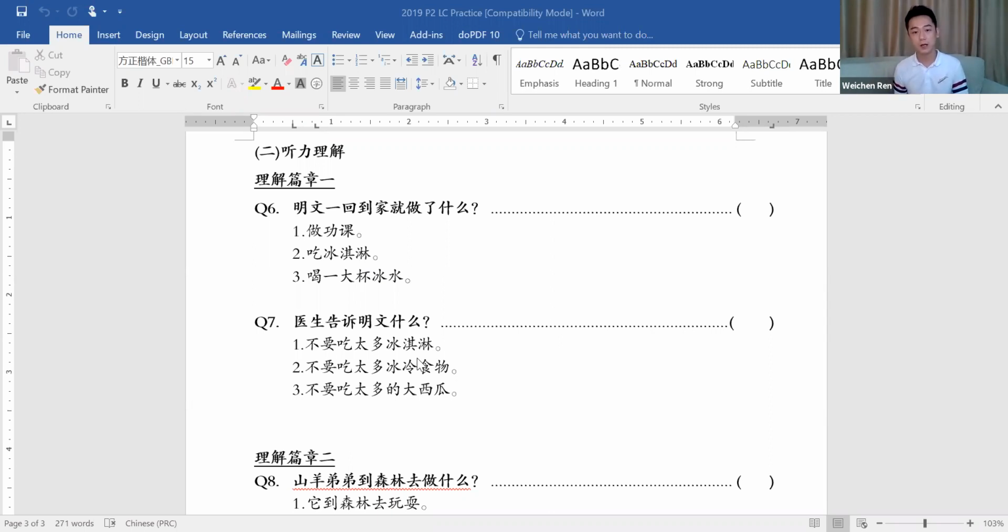We always encourage our pupils to read through the questions before the voice recording starts to play. Because after you have finished reading the questions, you will have a basic understanding of what the questions are trying to ask you.